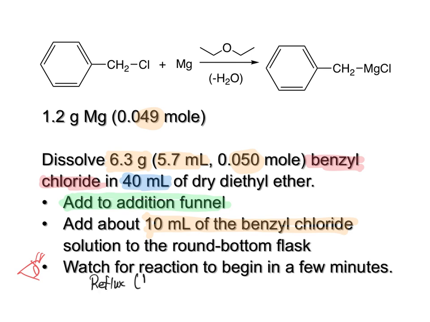That is, the solution will begin to bubble a little bit and we will get condensation in our condenser. The reaction also may start to turn cloudy and gray sometimes as the reaction begins. So look for those changes.